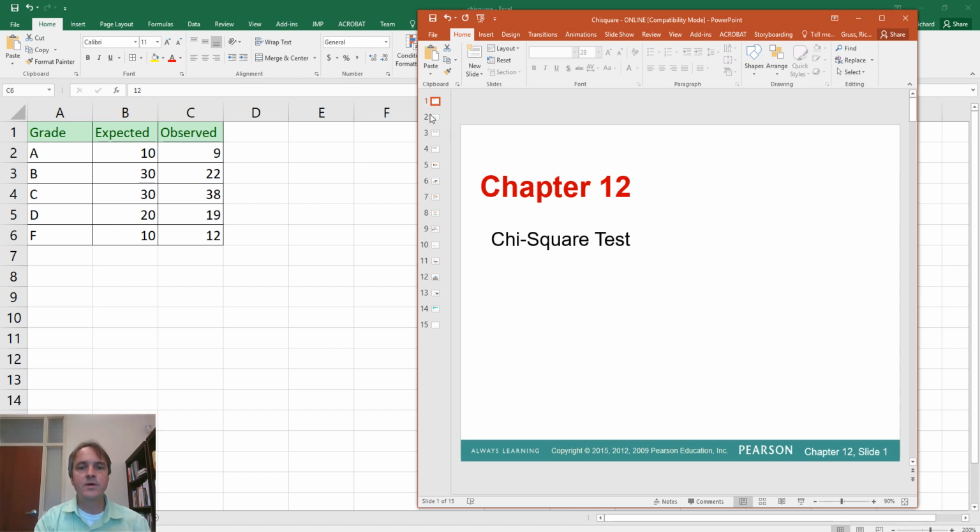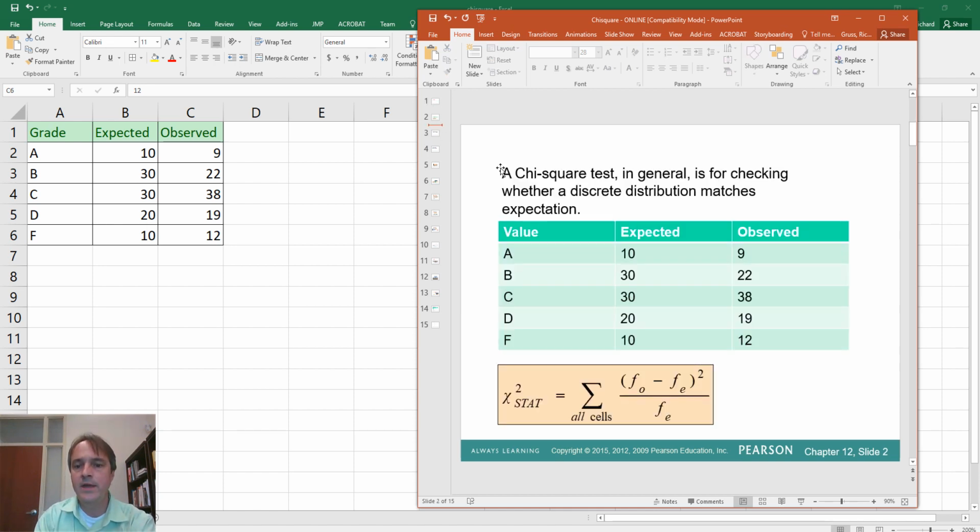So the chi-square test tells us that all we have to do if we want to find out whether our observed values are about what we would expect is we have to take this number right here.